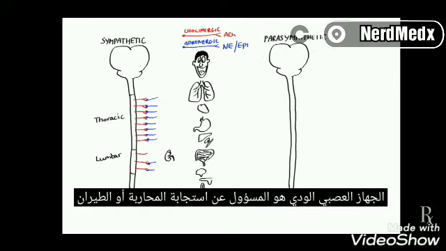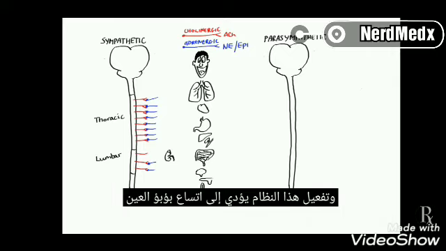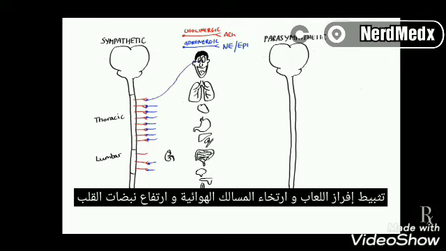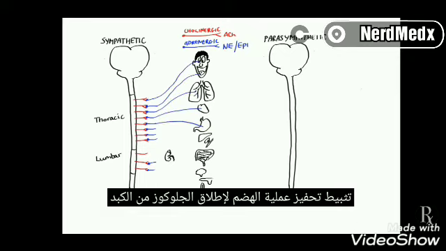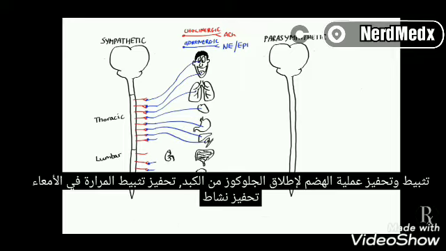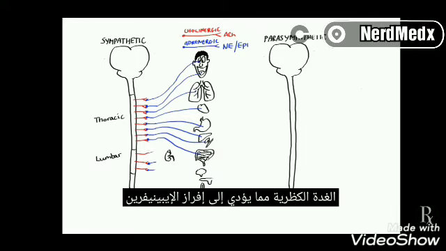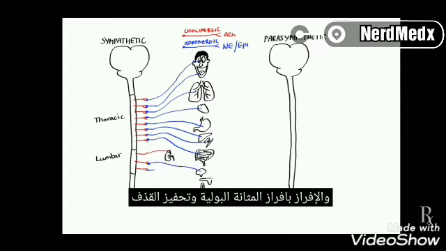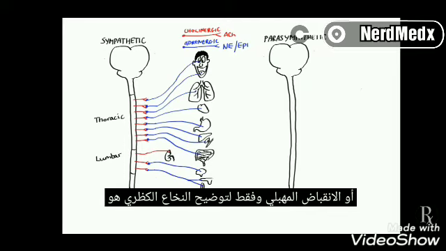So sympathetic nervous system is responsible for fight or flight response, and the activation of the system leads to the following: dilation of pupils, inhibition of salivation, relaxation of airways, acceleration of the heartbeat, inhibition of digestion, stimulation of glucose release from the liver, inhibition of gallbladder, inhibition of intestines activity, stimulation of adrenal medulla, which results in secretion of epinephrine and norepinephrine, relaxation of urinary bladder, and stimulation of ejaculation or vaginal contraction.